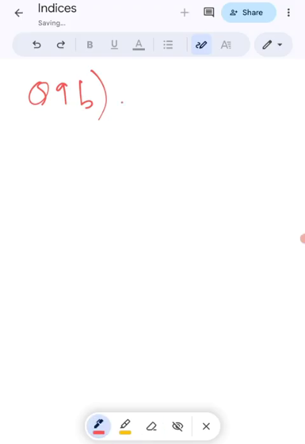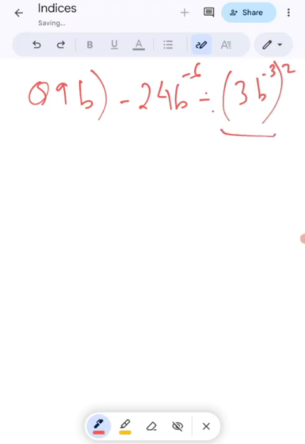So the part B says (minus 24 b raised to the power minus 6) divided by (3b raised to the power minus 3) and a power 2 here outside. Okay, let's solve the bracket first. So minus 24 b raised to the power minus 6 kept as it is, divide sign also as it is.